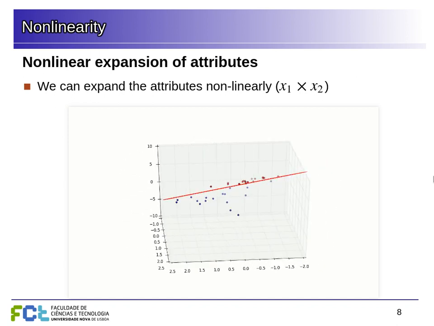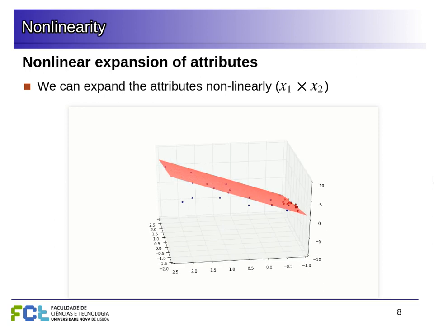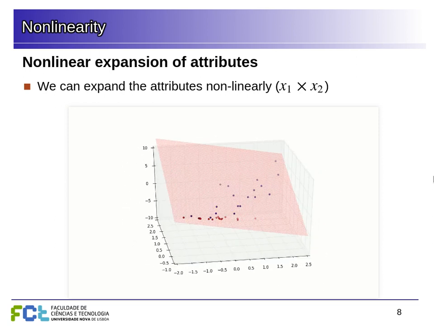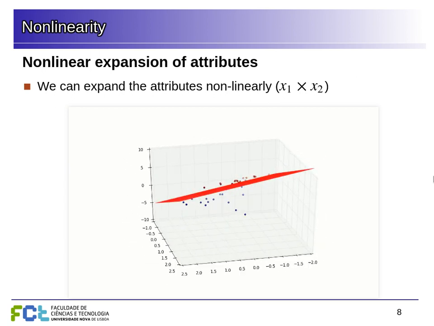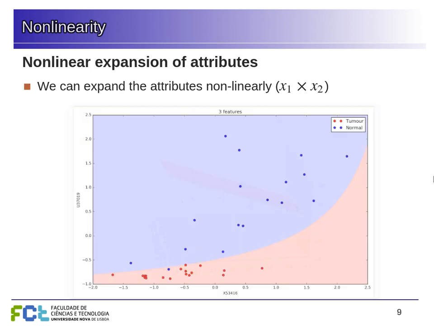But since we projected the data into a curved shape, this straight plane now intersects the surface where our data is projected along a curve. So if we project things back to the original space, we now have this curve here.